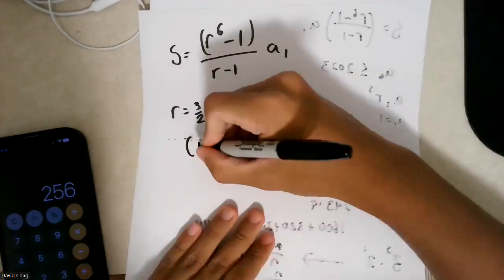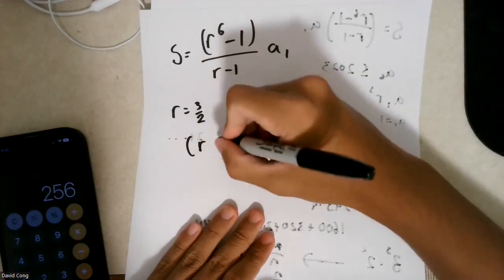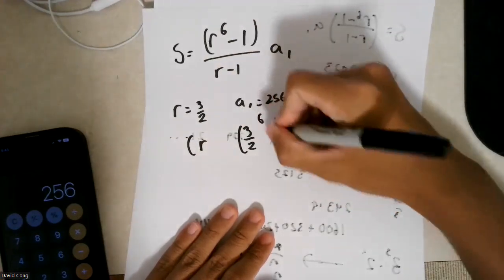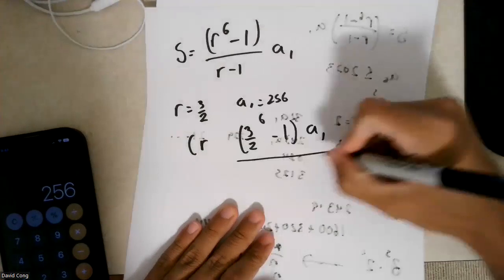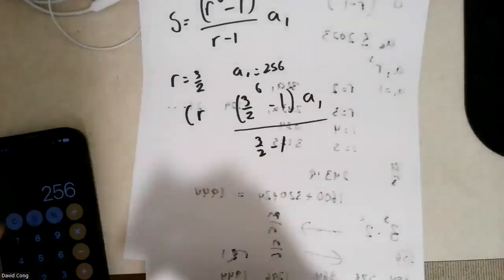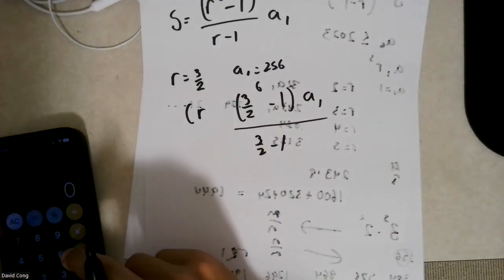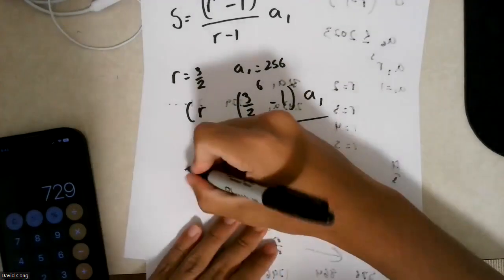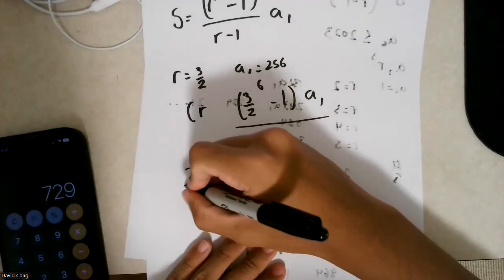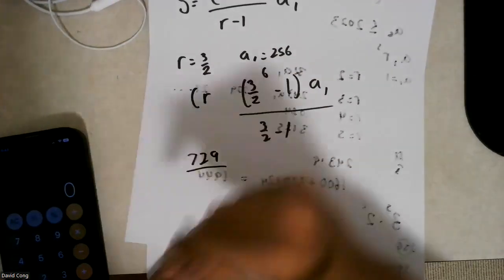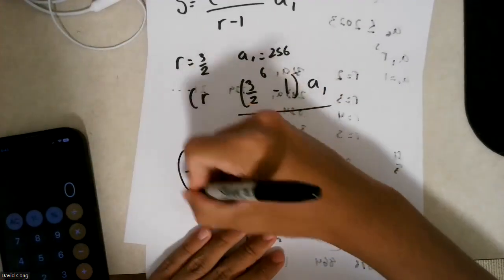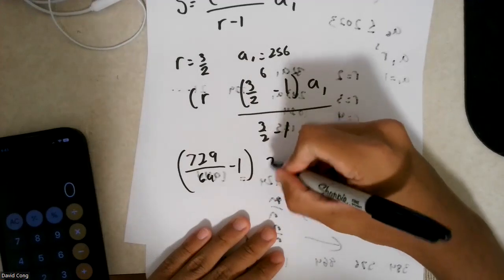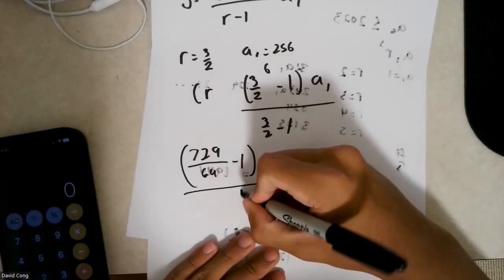What does this leave us? This leaves us with 3/2 to the 6th minus 1 times A1 over 3/2 minus 1. I'm using a calculator again. 729 over 64 minus 1 times 256 over 1/2.